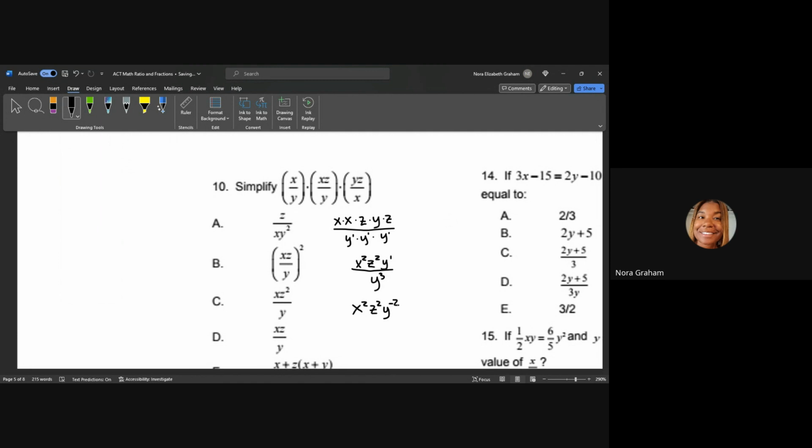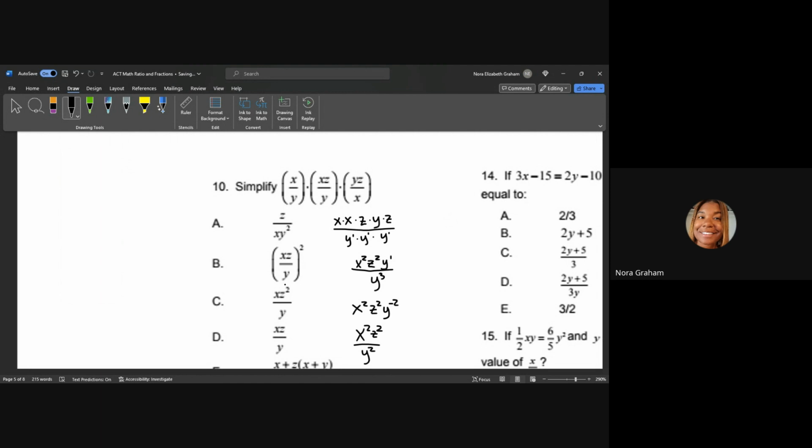But when I have a negative exponent, I drop it down, and if I had a negative exponent in the bottom, I would bring it up. So I have x squared, z squared, and I drop this exponent down, y squared. And there's nothing else I can really combine or do. Notice these all have squared.